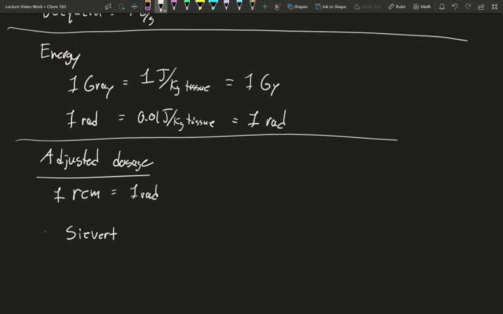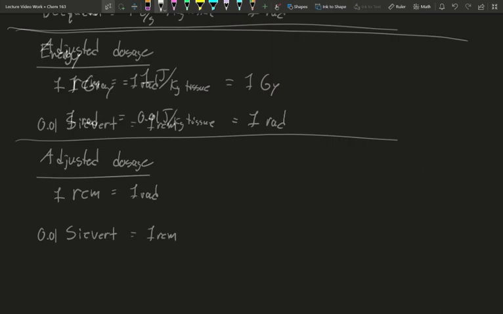The Sievert: 0.01 sieverts is equal to 1 rem. Now in reality, our adjustment factor is often not 1, but to a loose approximation, and in some cases it is, the energy can fully be absorbed.